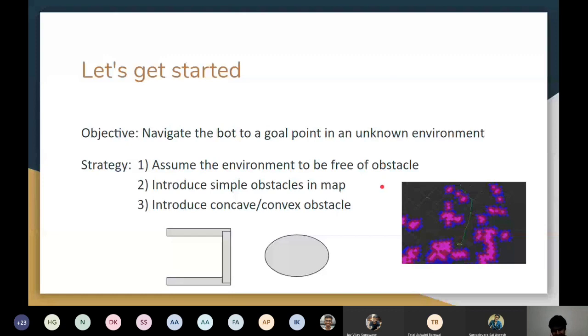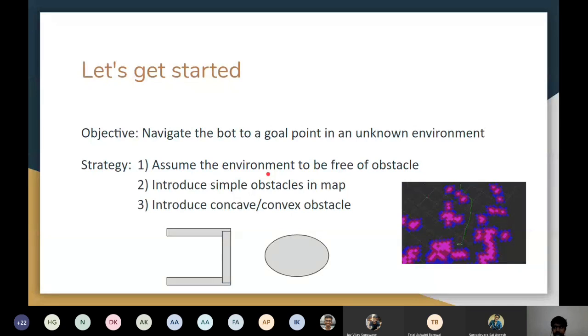So the strategy will go from a simplistic approach to a difficult approach to be able to generalize for every possible environment. Okay, so the simplistic approach will be that we'll assume that our environment is free of obstacles, as in there is only our bot and the final goal, and we do not have any obstacle in the environment.